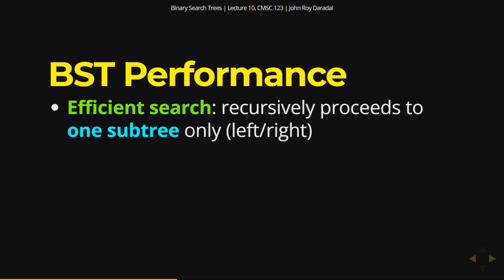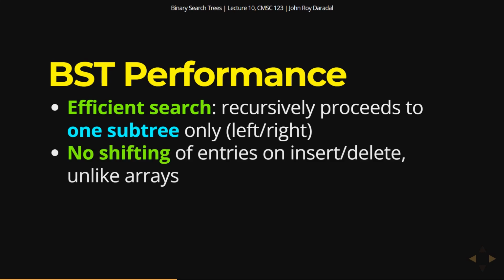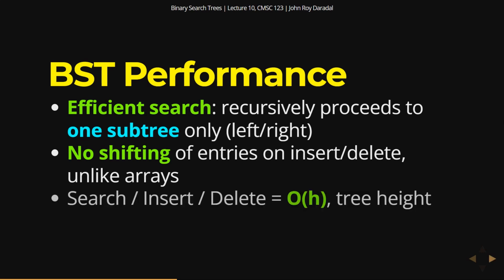So if it recursively proceeds to one subtree only, then the search will be faster. And you also don't have any shifting of entries on insert and delete, unlike in arrays, because this is a tree, right? So there's also that advantage. And as we said earlier, all of search, insert, and delete will run in O of h time, which is the tree height, because search is the bottleneck.